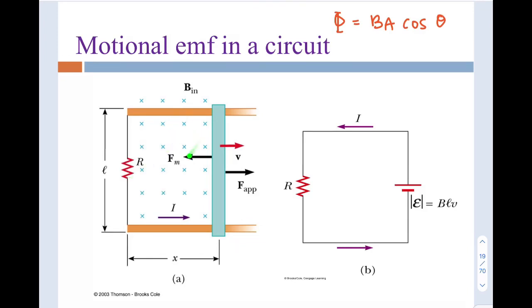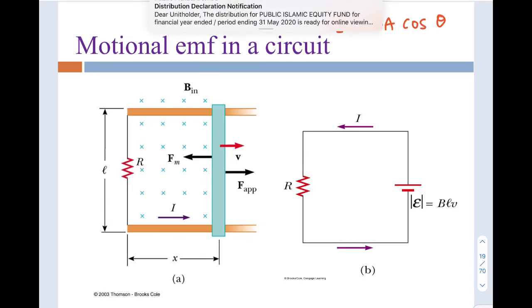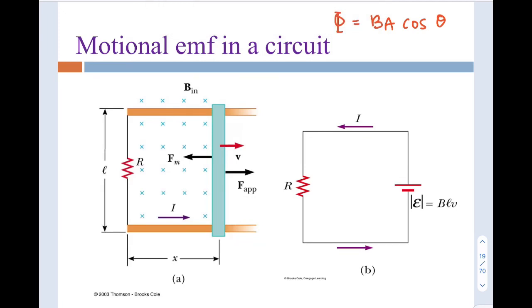For this situation, let's consider the normal line of the area is into the page, and B as well is into the page. So it's going to be cos 0, and cos 0 will give you 1.